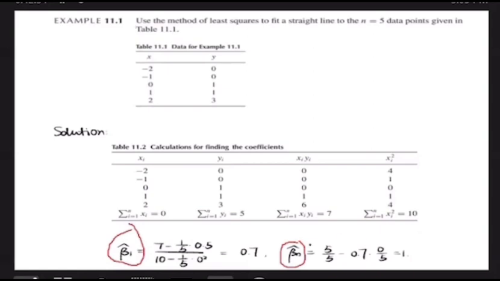But the results that we got are called least square estimates. There's a difference between estimate and estimator. An estimate is a particular value assumed by an estimator. So in statistics, we don't pay more attention to the estimate, we pay attention to the estimator. If the estimator is wrong, the estimate will be wrong.